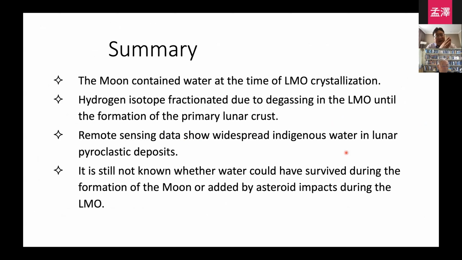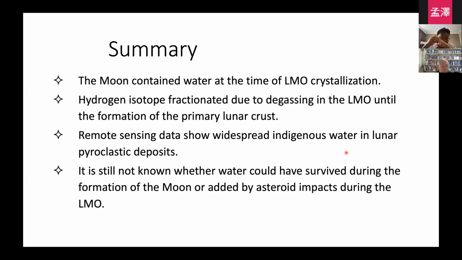Okay, finally, I come to this short summary. The moon contained water at the time of the lunar magma ocean crystallization. Hydrogen isotopes fractionated due to the degassing in the lunar magma ocean until the formation of the primary lunar crust. Also, the remote sensing data show widespread indigenous water in lunar pyroclastic deposits.